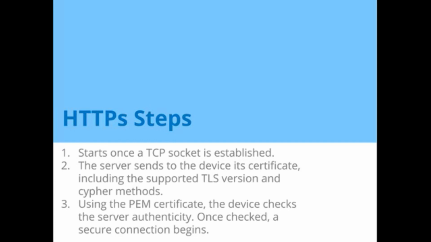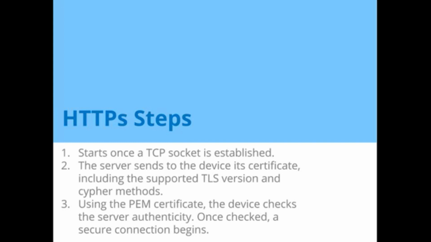So what are the basic HTTPS steps? How is an HTTPS socket implemented? First the device opens a TCP socket with the server. Then the server answers to the device with a certificate. The device also has a certificate stored. So there are two certificates, one that comes from the server and one that is already stored in the device. Using some cipher methods, those certificates are validated.